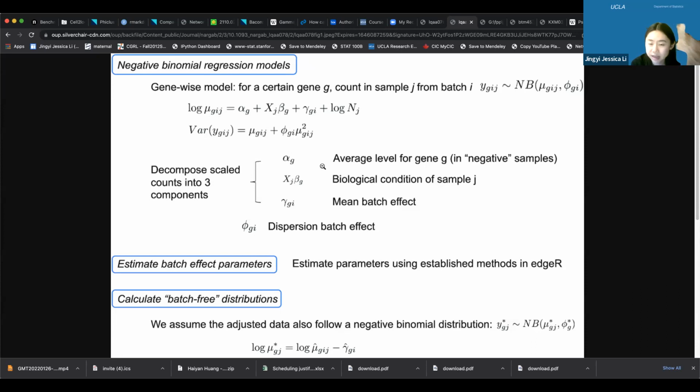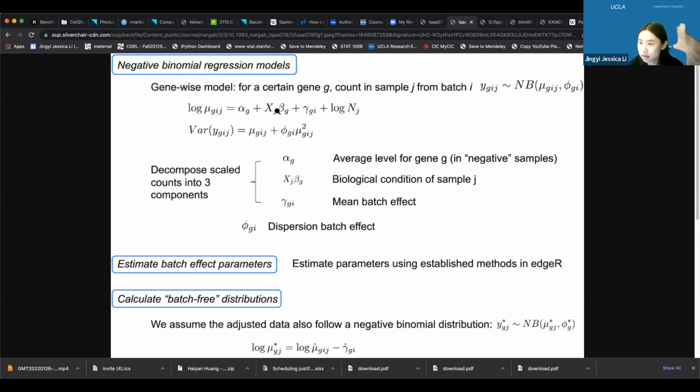This intercept is specific to gene G. And they have this coefficient for the biological condition of sample J. In our case, the biological condition is 1 or 2, meaning 2 conditions. And this beta G is what we call the differential expression effect, because it basically measures the expected difference between 2 biological conditions.